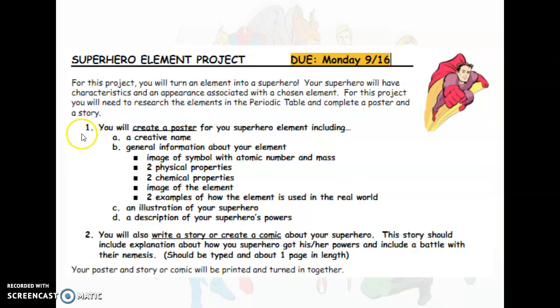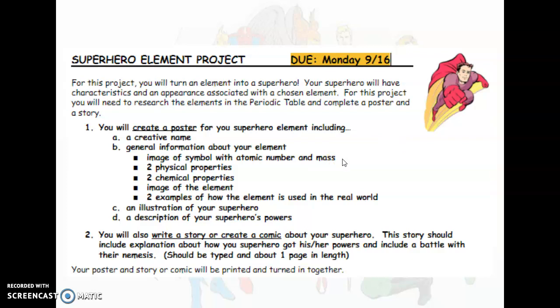The first part of this project is that you will create a poster. For the poster, your superhero element will include a creative name, and then general information about your element. So an image of the symbol with the atomic number and atomic mass, like the symbols that we see on the periodic table.